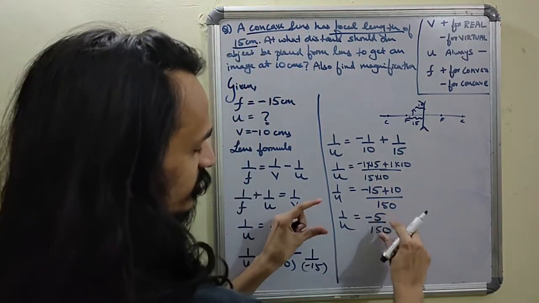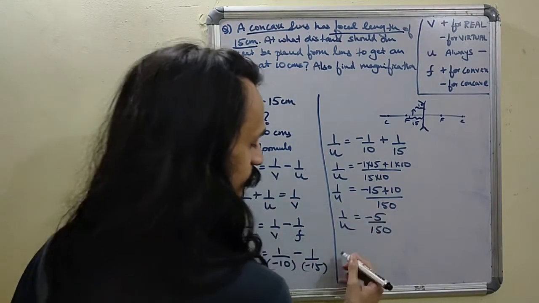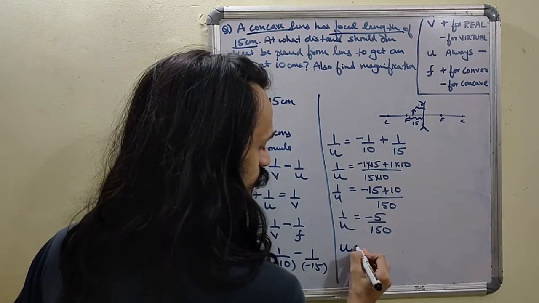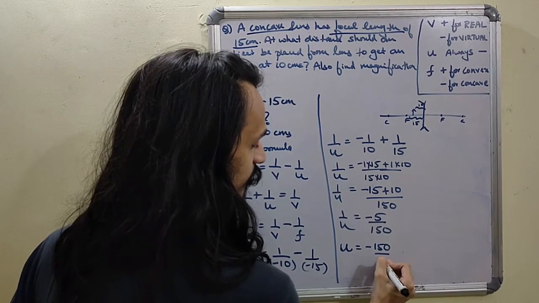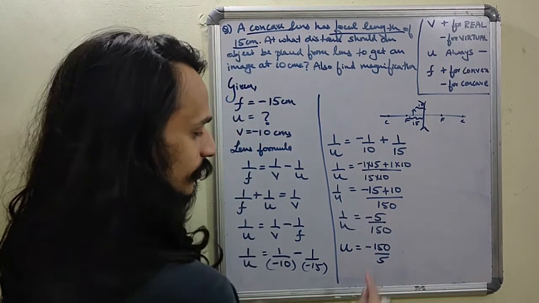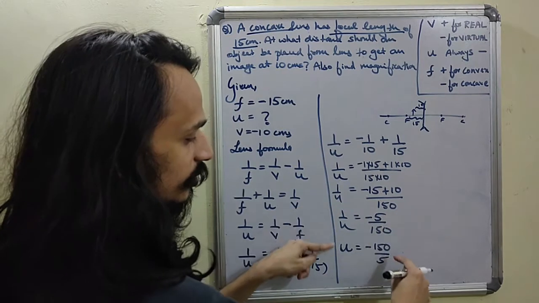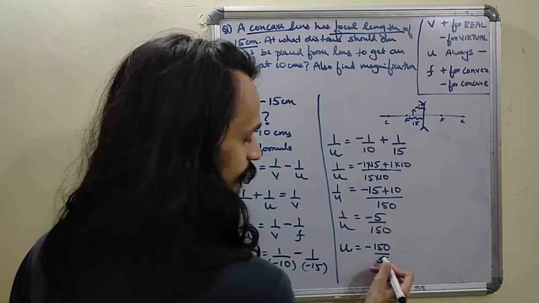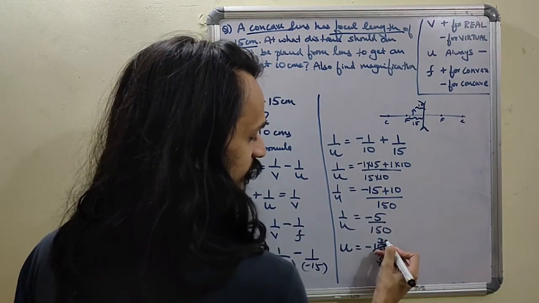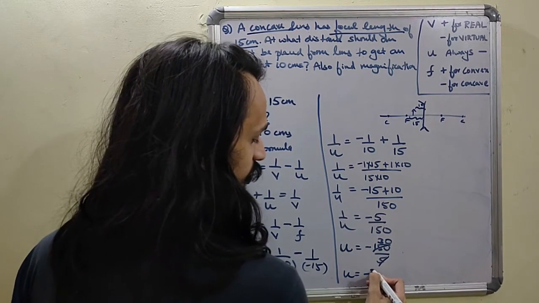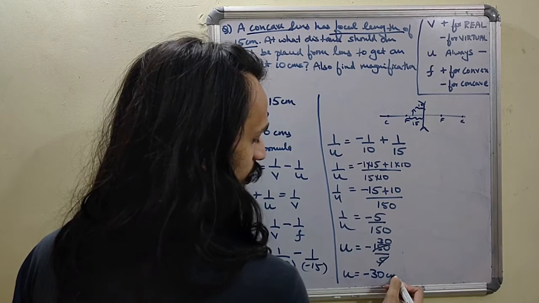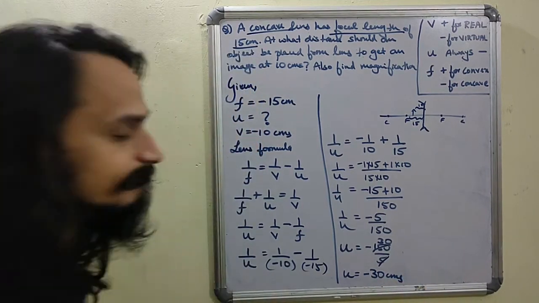Now I have two fractions. I can take the reciprocal. You know what reciprocal means, right? So u equals minus 150 divided by 5. I just put the denominator up and the numerator at the bottom. 5 threes are 15, 30. So u equals minus 30 centimeters.